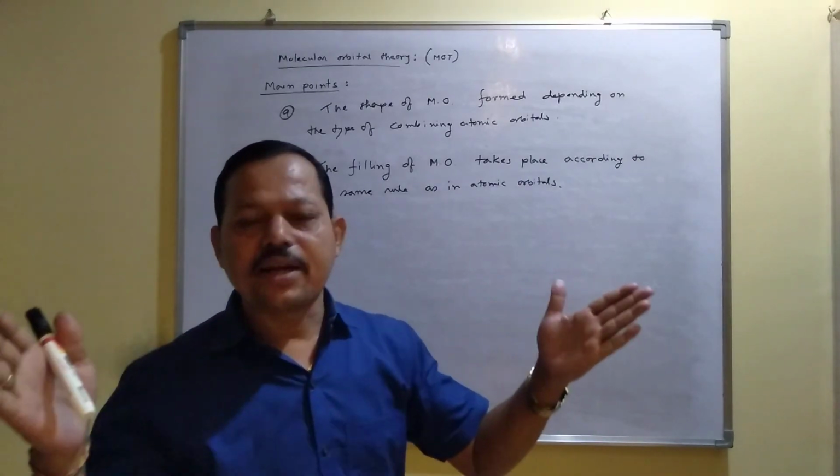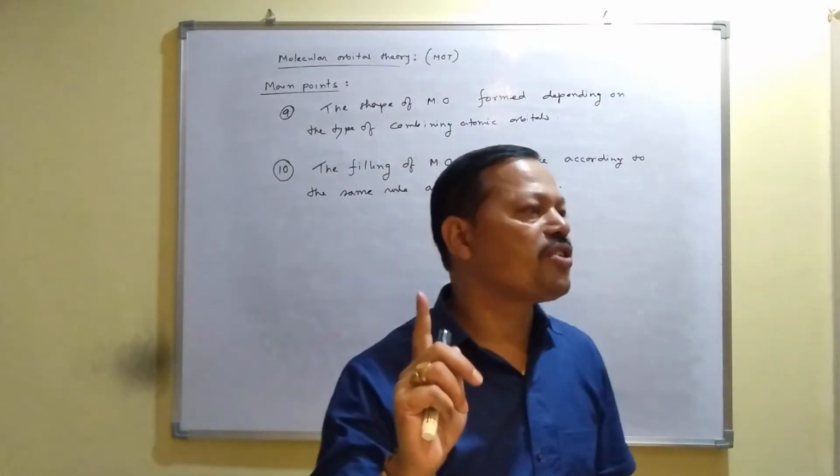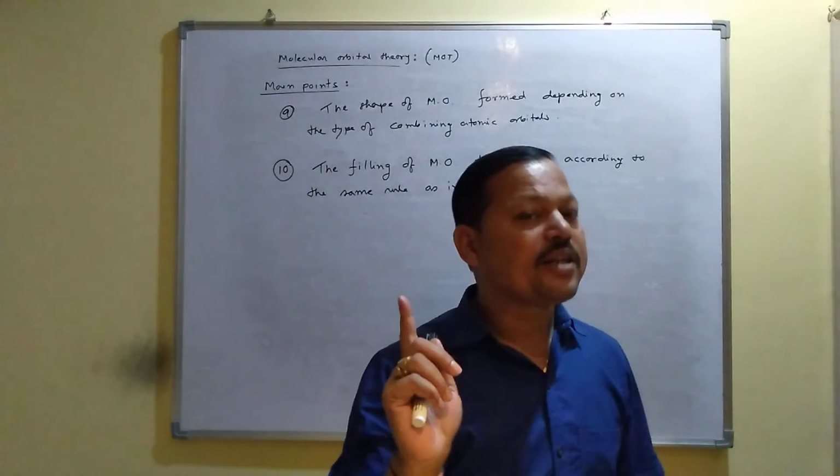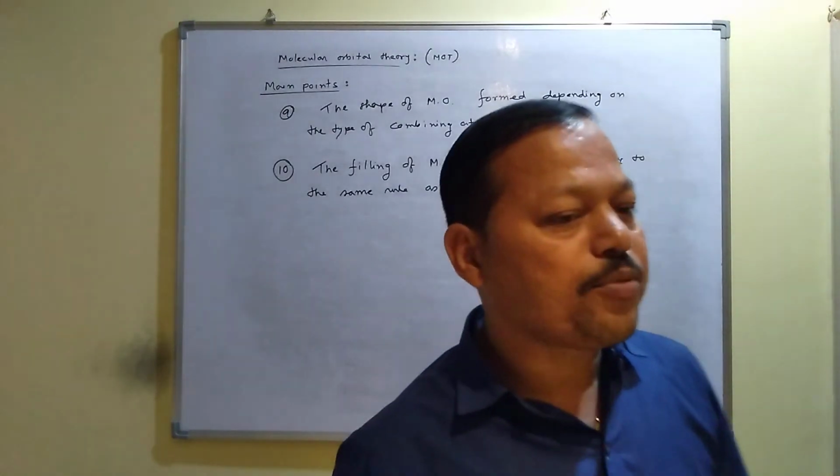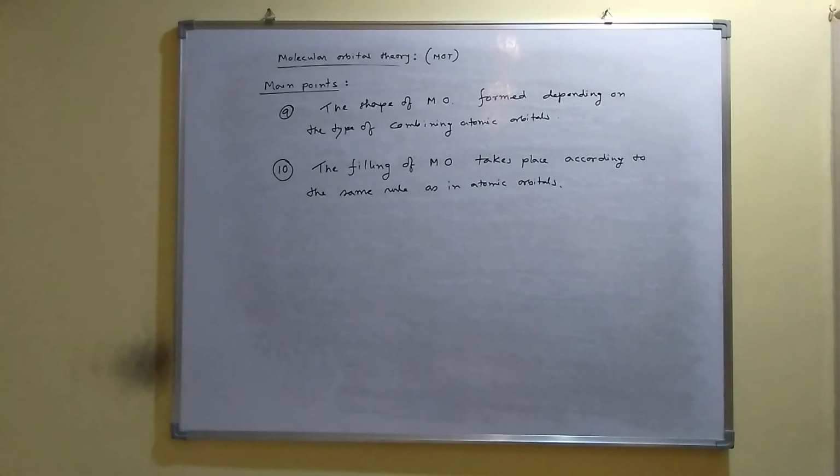In case of equal energy orbitals, first you enter the electrons singly, then do pairing according to Hund's rule. So the same rule you apply in molecular orbital as in atomic orbital. So molecular orbital filling system and atomic orbital filling system both are the same.